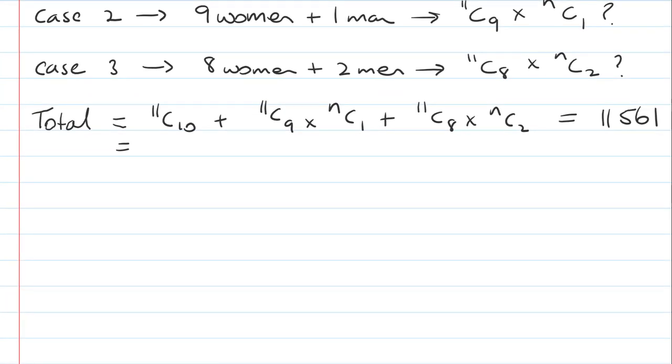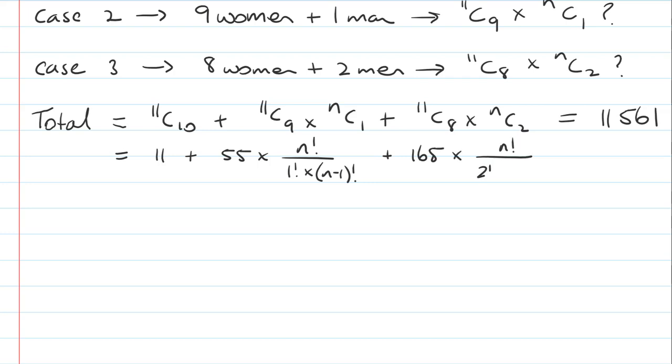This is 11 plus 55 times n factorial over 1 factorial times n minus 1 factorial, plus 11C8, which on my calculator is 165 times n factorial over 2 factorial n minus 2 factorial. And this is still equal to 11,561.